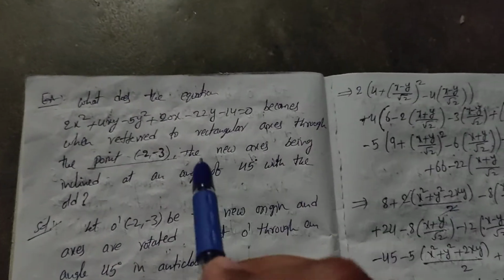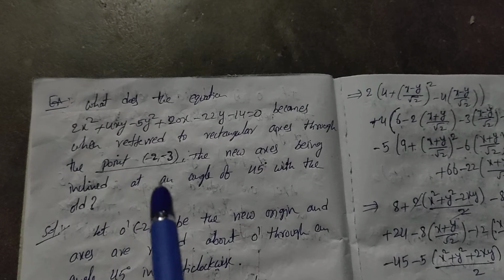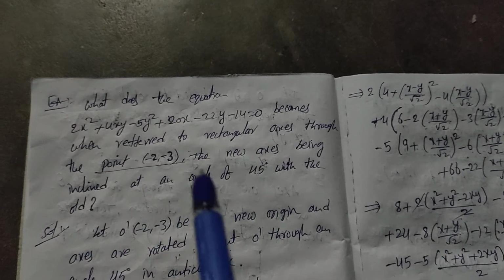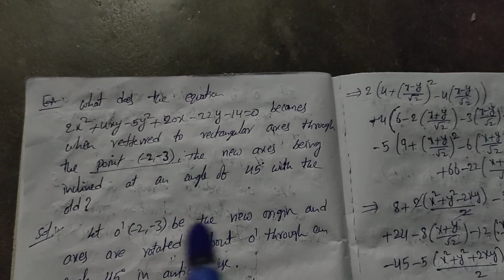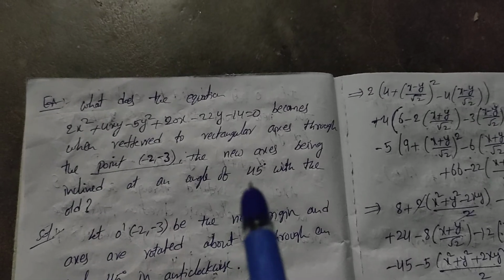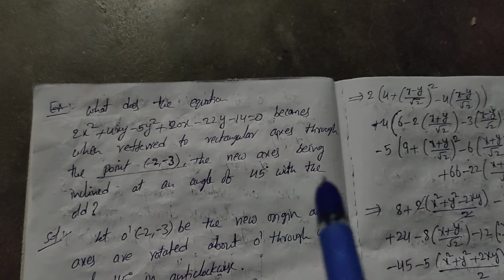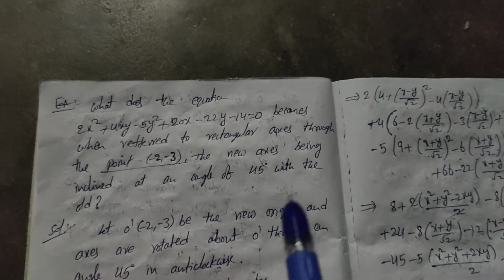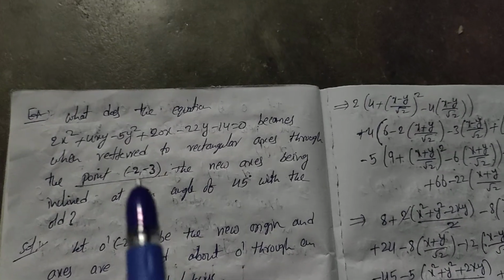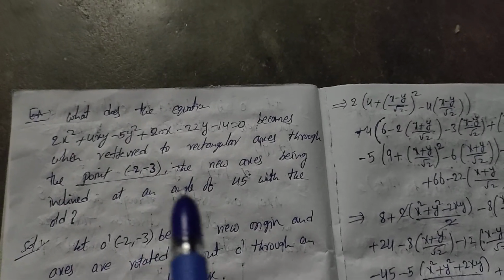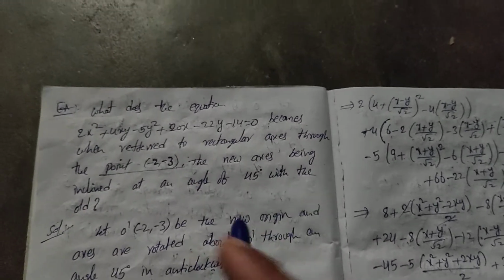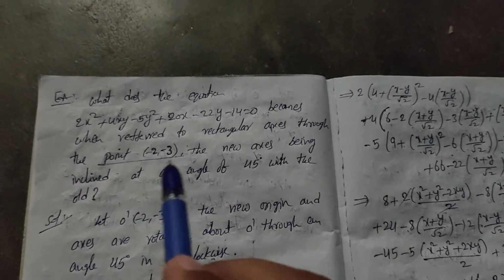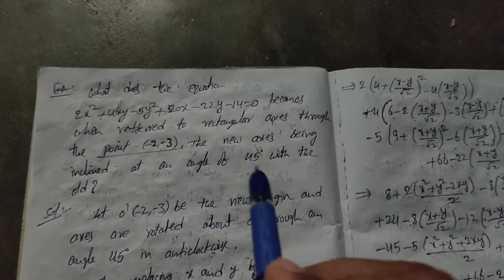The new axes being inclined at an angle of 45 degrees, that means rotated by an angle of 45 degrees with the old. So here both happened, it is a double transformation. Here (h, k) is nothing but (minus 2, minus 3) and theta is equal to 45 degrees.